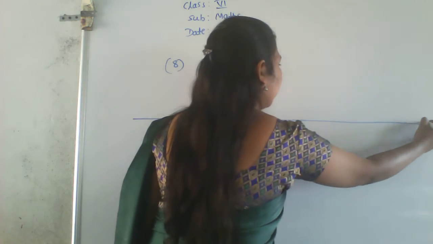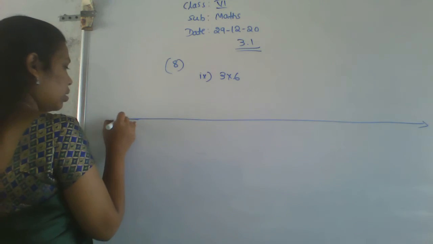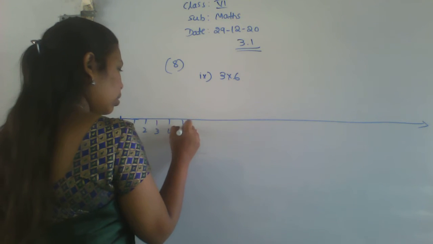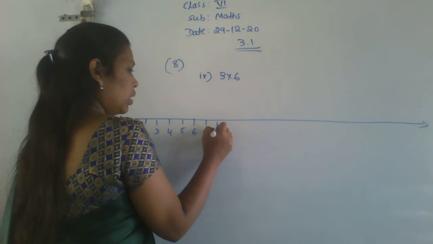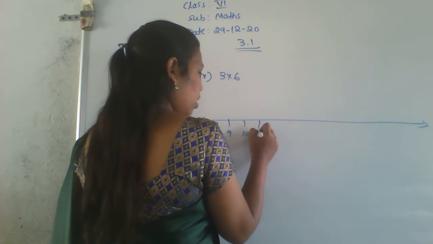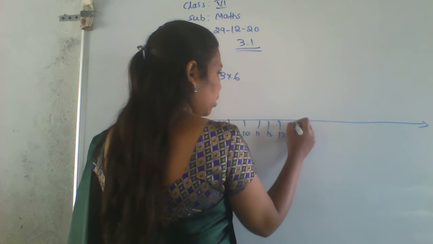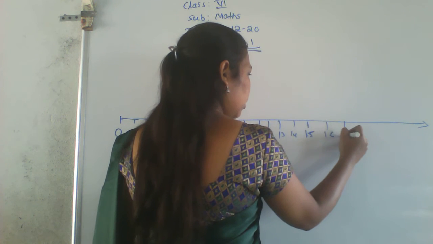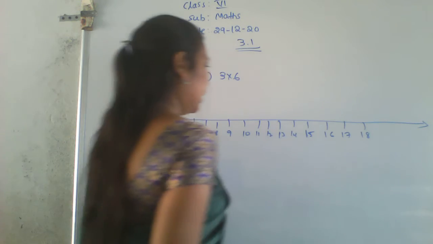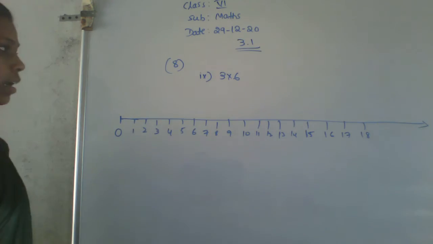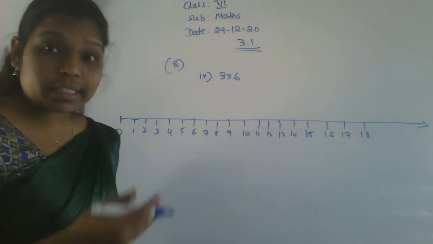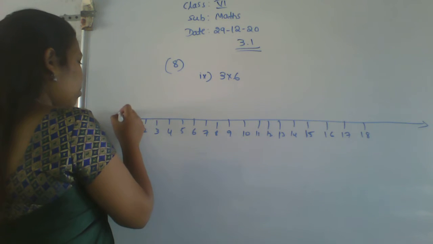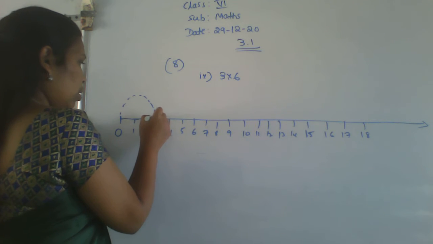Draw a number line here. 0, 1, 2, 3, 4, 5, 6, 7, 8, up to 12, 13, 14, 15, 16, 17 and 18 here. Okay. So that is the number line. 3 into 6 means 3 times 6. Take the first number, that is 3, one time.